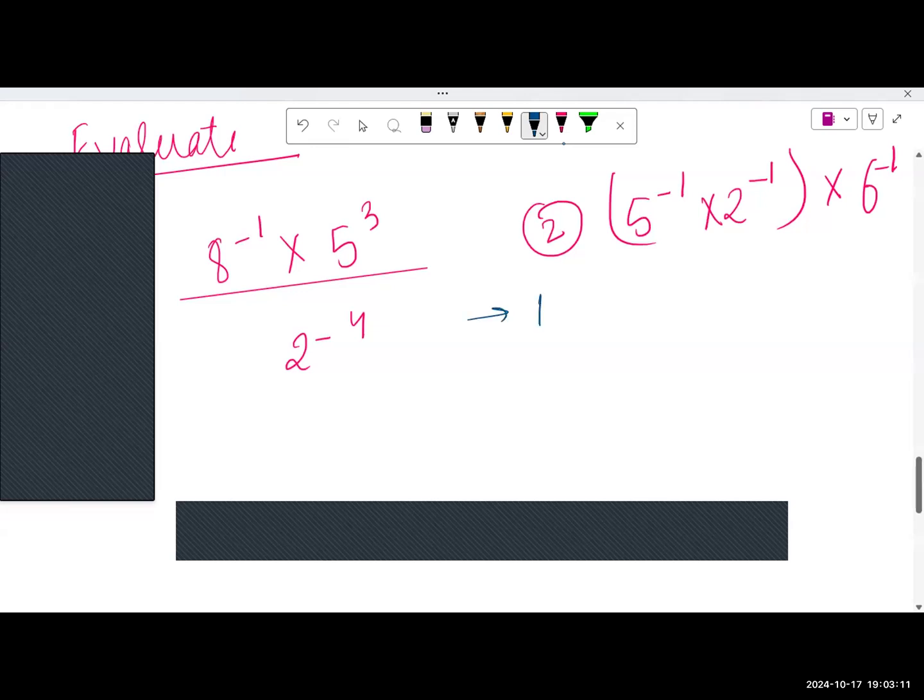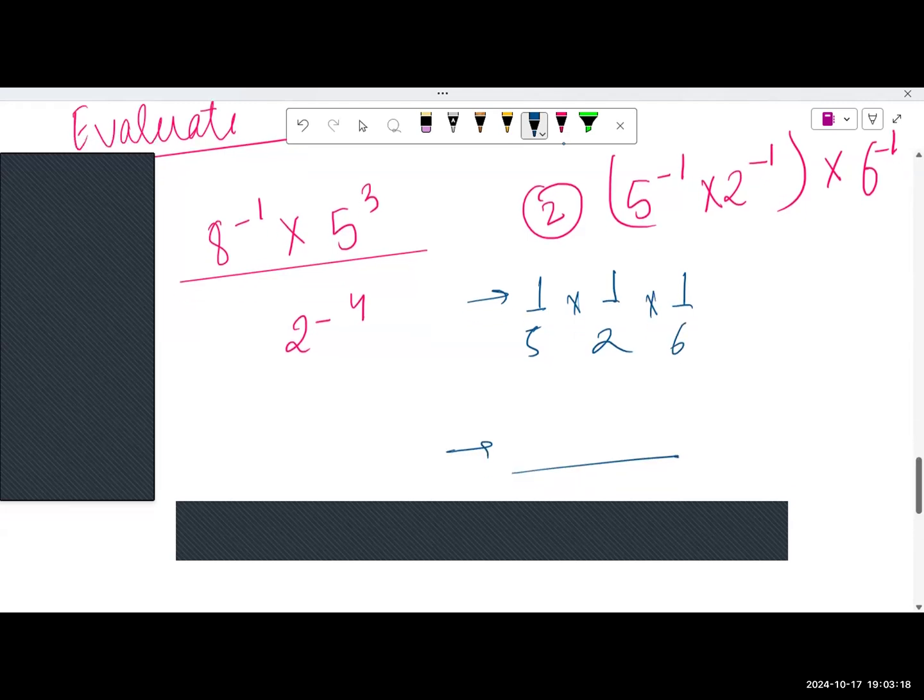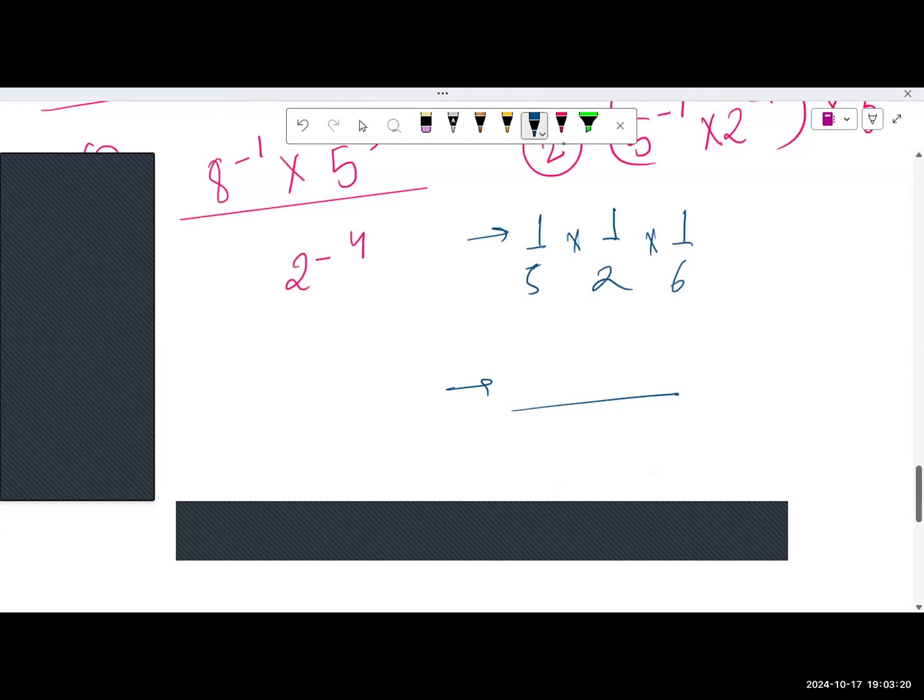You can evaluate 1 by 5 into 1 by 2 into 1 by 6 and then just solve it. Equals 1 by 60. 1 by 60. Okay?